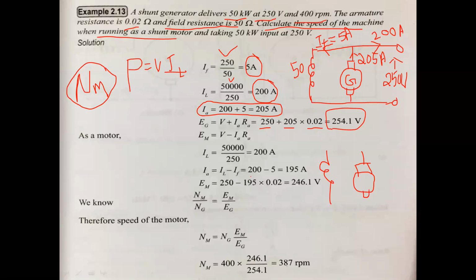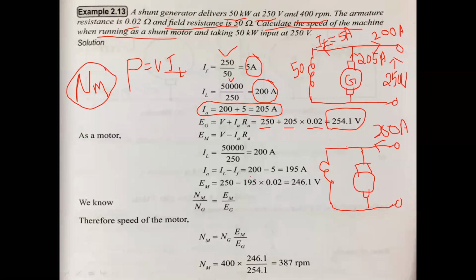From this 200 amperes, I will draw a circuit for the motor. So this is the armature, shunt field, motor. For the same load, in case of the motor, same 250 volts, the motor takes 200 amperes of current.